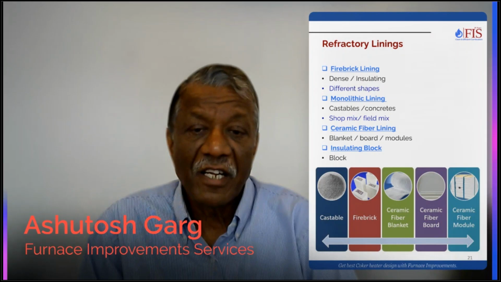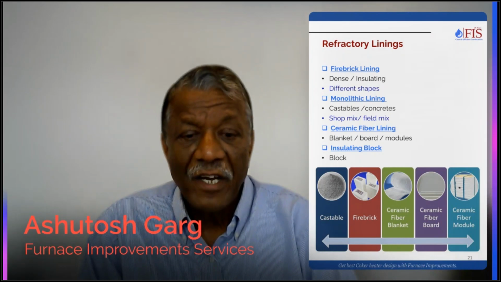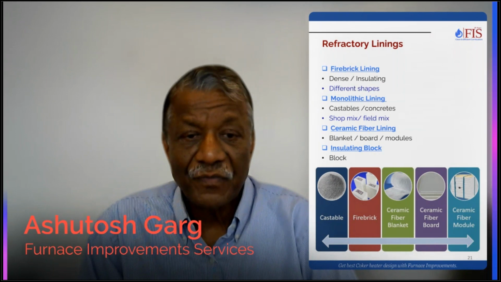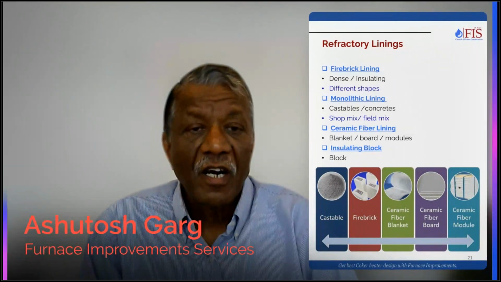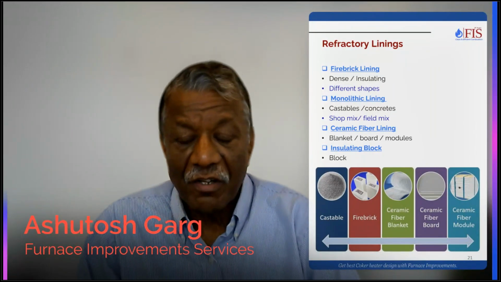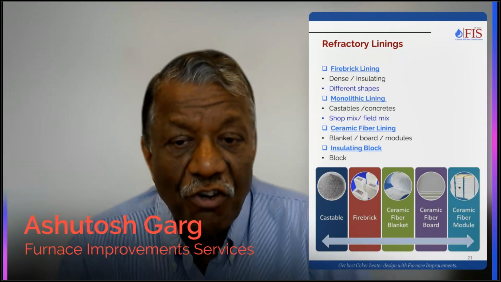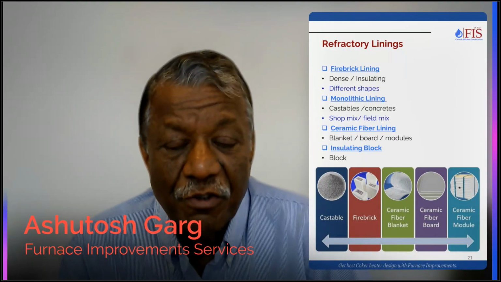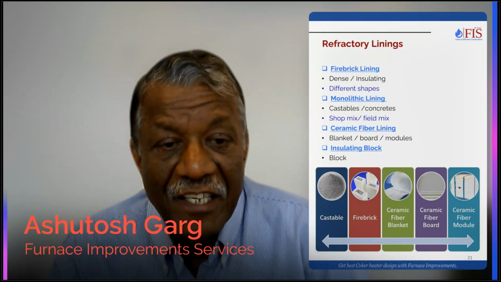Ceramic fiber lining, we have a choice of blanket, board, or modules. Insulating block. So these are some of the materials which are available, and sometimes it leads to confusion because you have a choice of so many materials. Which one should I be using? So that can also be challenging.